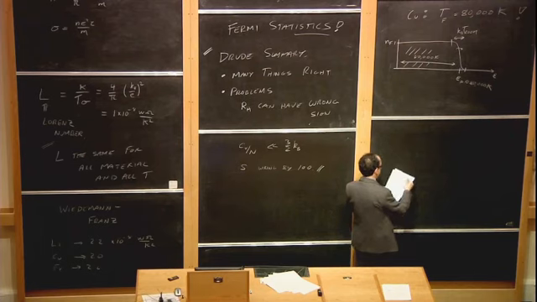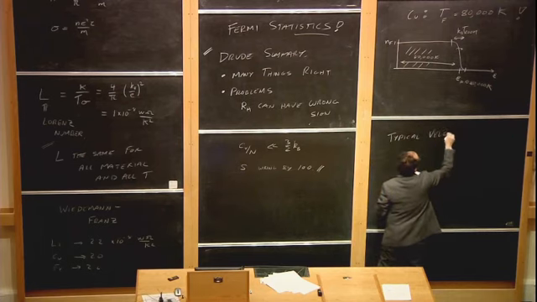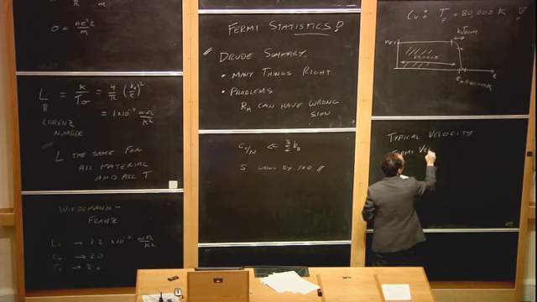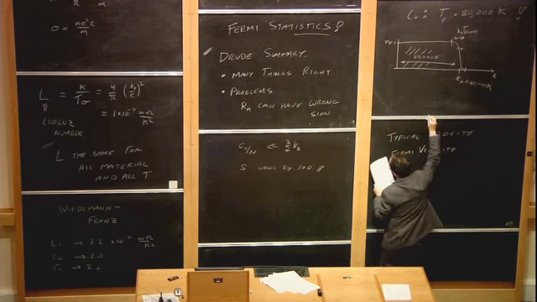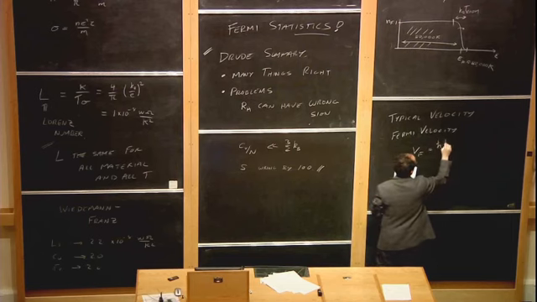One final thing is we can look at the typical velocity, which is known as the Fermi velocity. v_F would be h bar k_F divided by the mass.